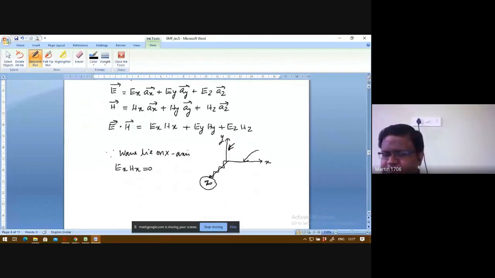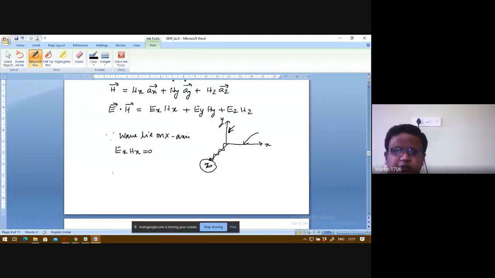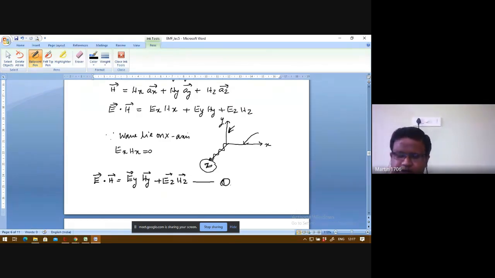If Ex Hx is equal to 0, then the above expression becomes E dot H is equal to Ey Hy plus Ez Hz. So this is your first equation.